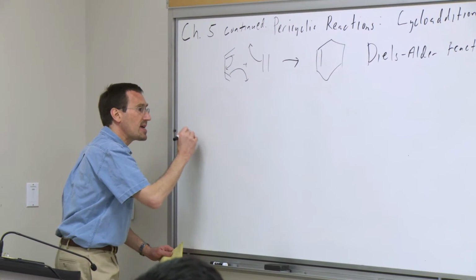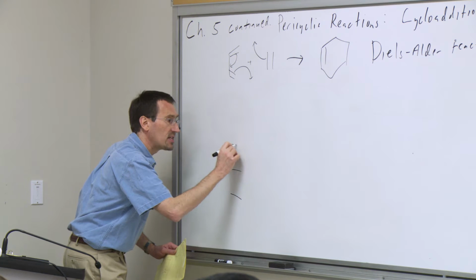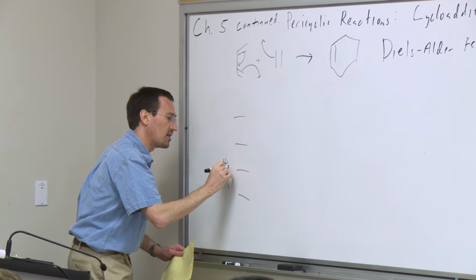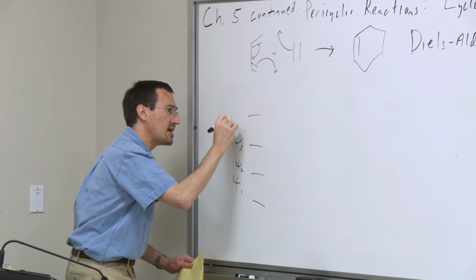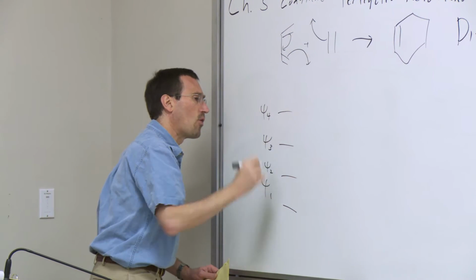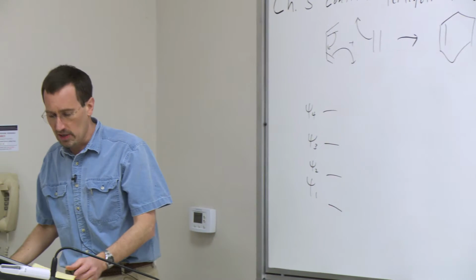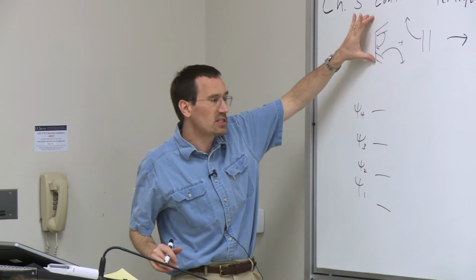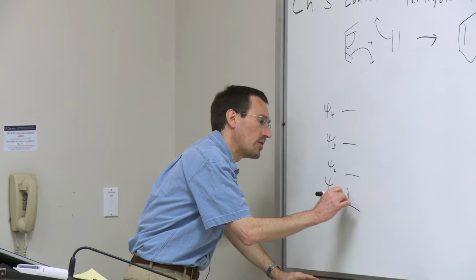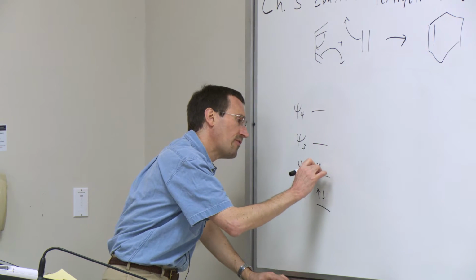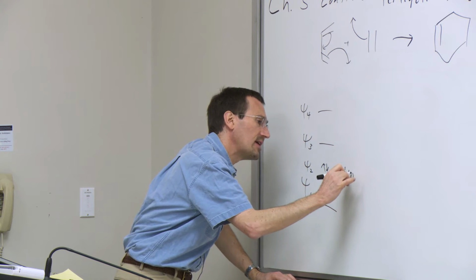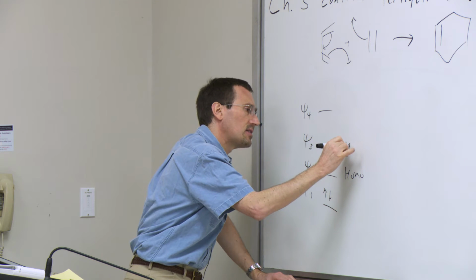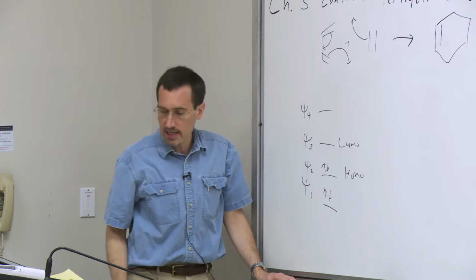So our butadiene component has 4 electrons, and remember when we started talking about the molecular orbitals of butadiene, we said that we have 4 psi molecular orbitals, 4 pi-type molecular orbitals, in which we place the 4 pi electrons. So we go 1, 2, 3, 4. Psi 2 is the HOMO of butadiene. Psi 3 is the LUMO of butadiene.